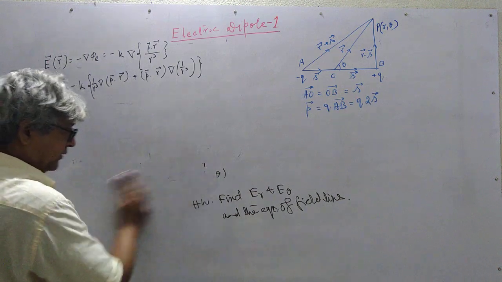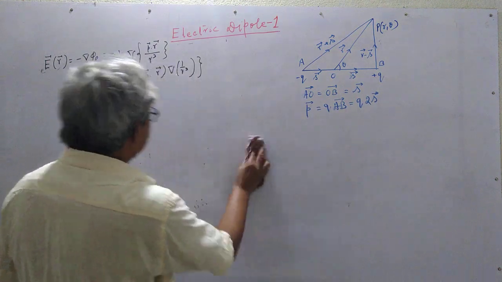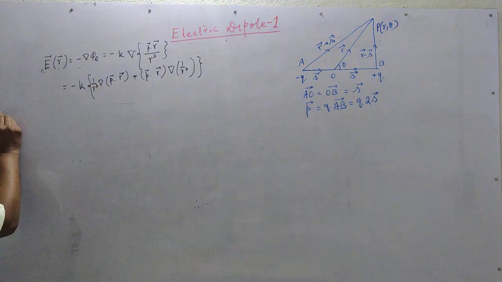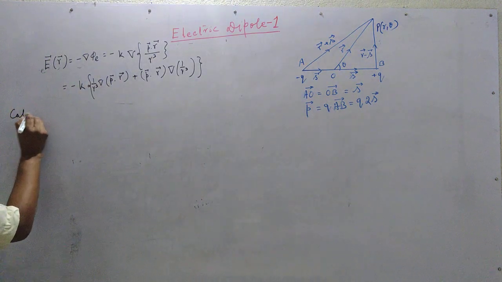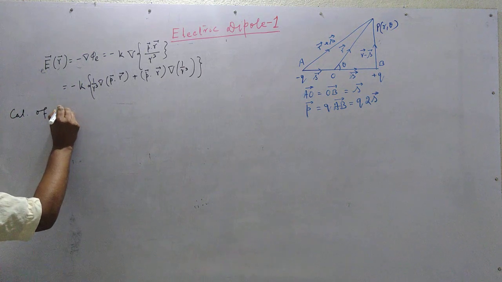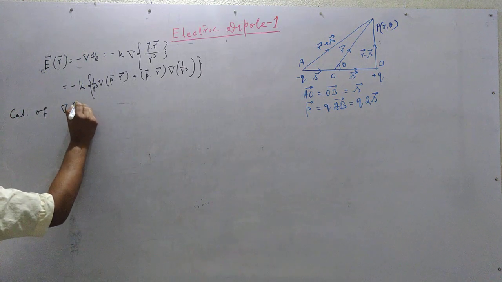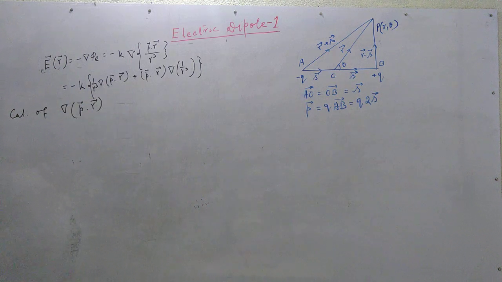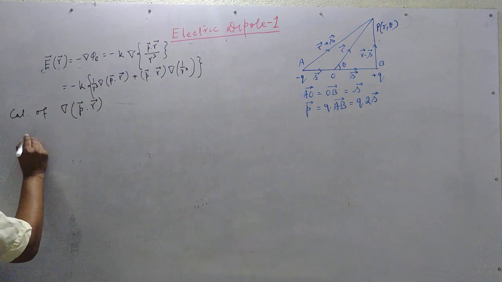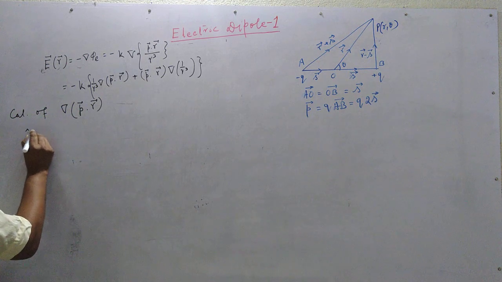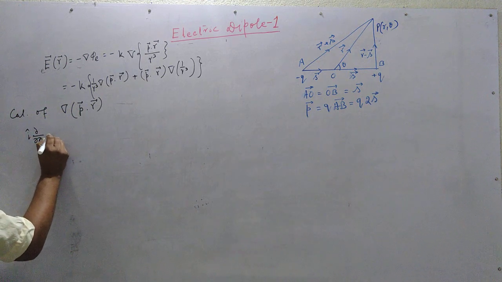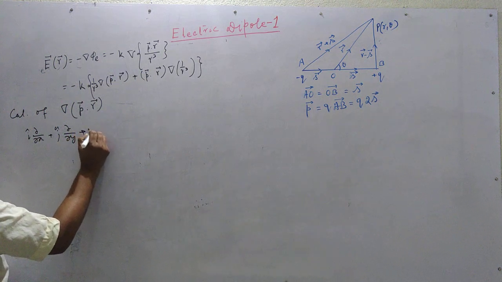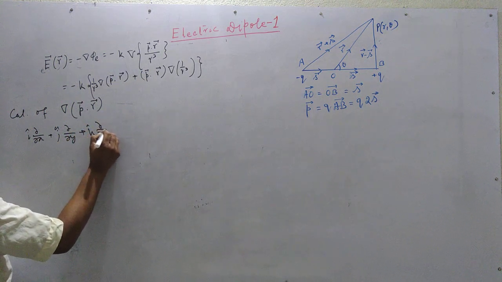Now let me calculate the term one by one. First come to this term. Calculation of grad of P dot R. If we do it in Cartesian coordinates, this is i cap del del x plus j cap del del y plus k cap del del z.